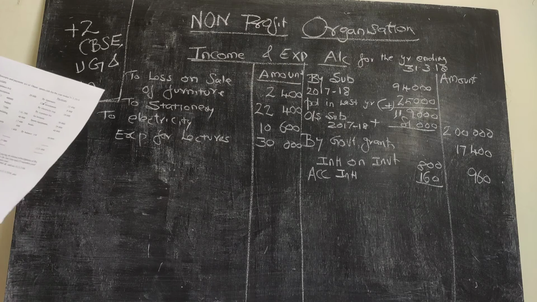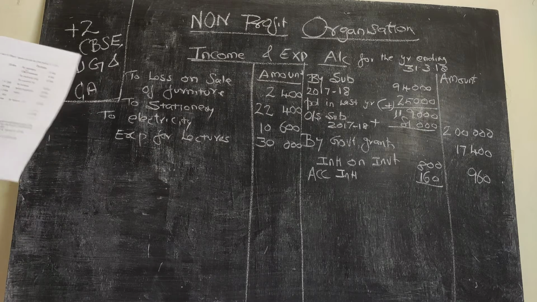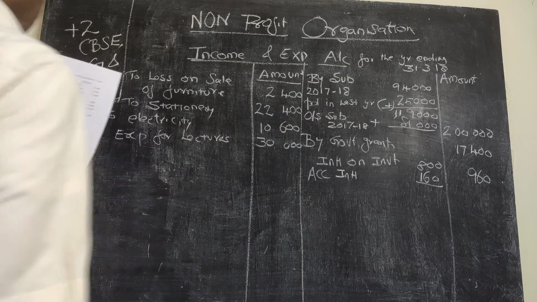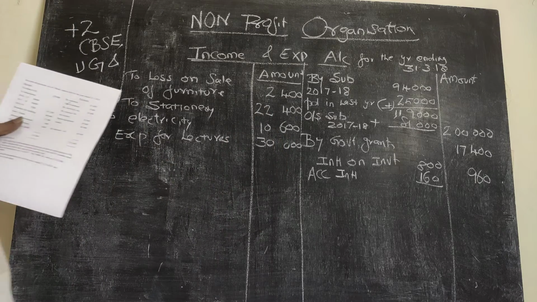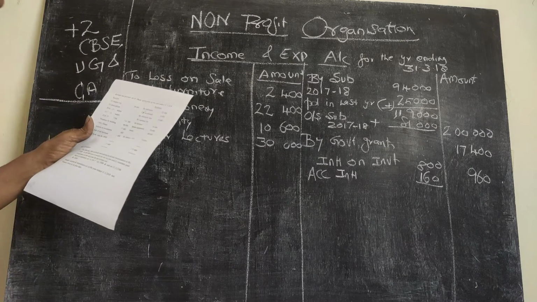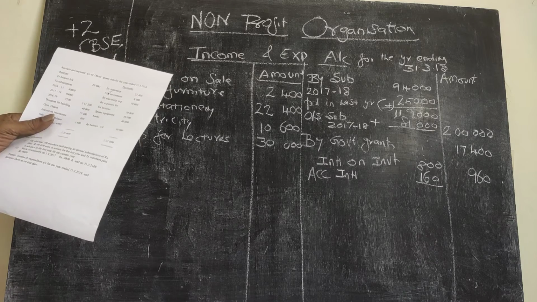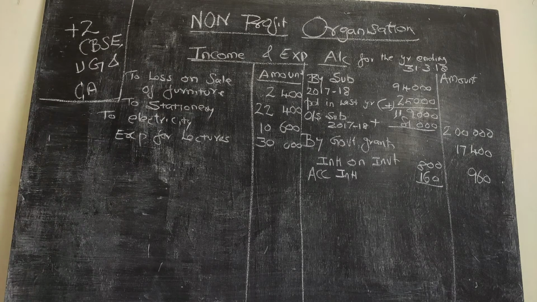Sports equipment: nothing is there, so we are taking it on the asset side. Books also asset side. Again, looking into the additional information, the first information is regarding subscription. The second one is regarding stationery. So that completes the problem.